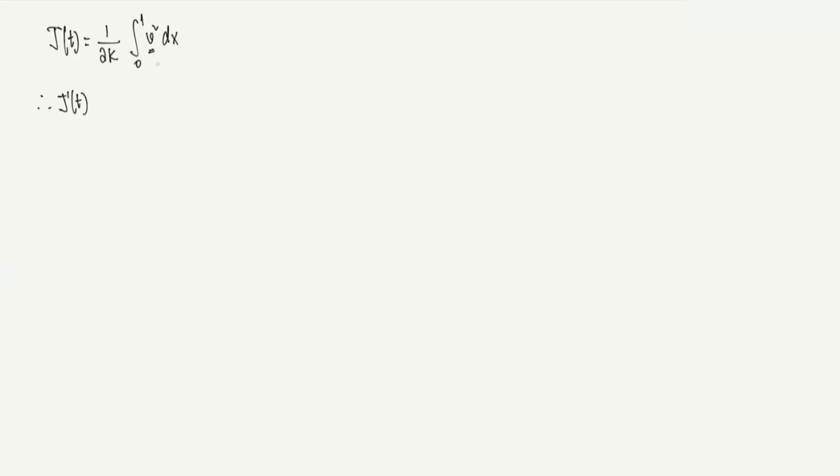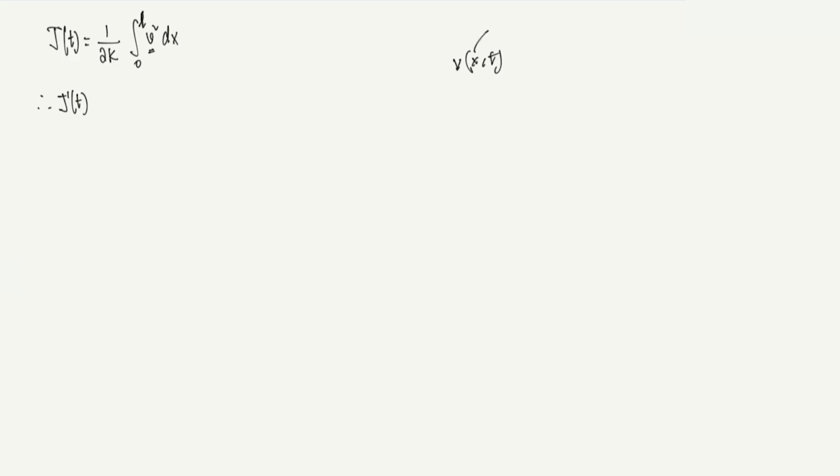Why? Because v is a continuous function. If you are integrating a continuous function, what you get is essentially a continuous function. I'm integrating with respect to x, and v is a function of both x and t.